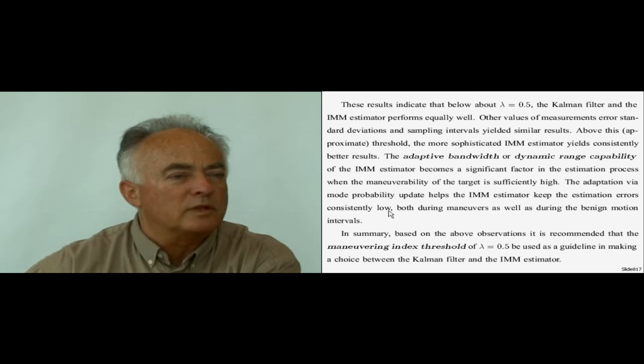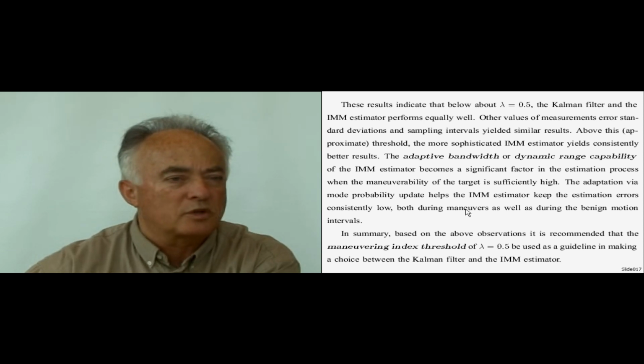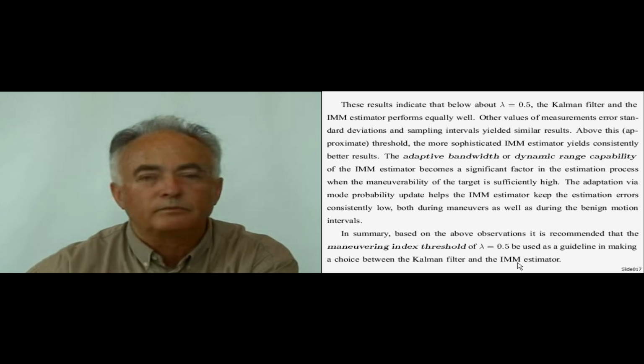During maneuvers it increases the bandwidth, so has them low during the uniform motion and as low as possible during the maneuvers. In summary, based on these observations, it is recommended that the threshold of 0.5 be used as a guideline in making a choice between the Kalman filter and the IMM estimator.